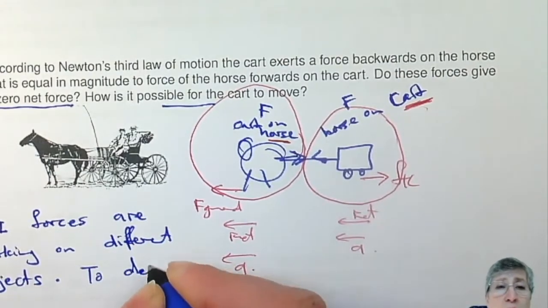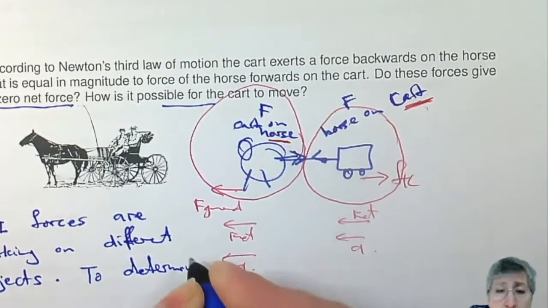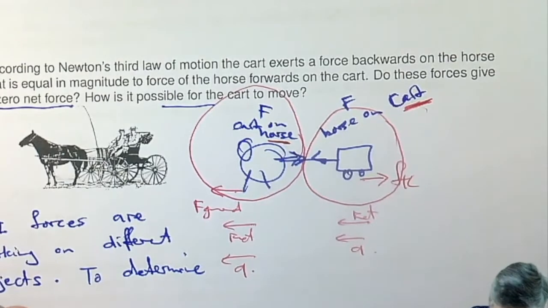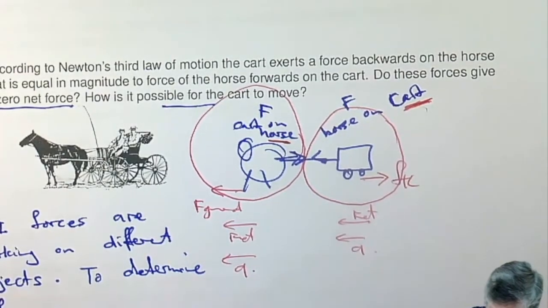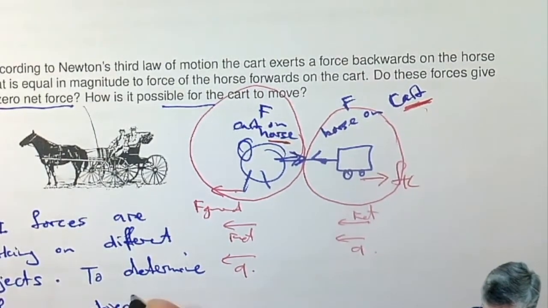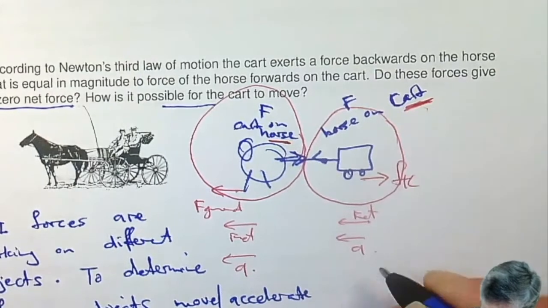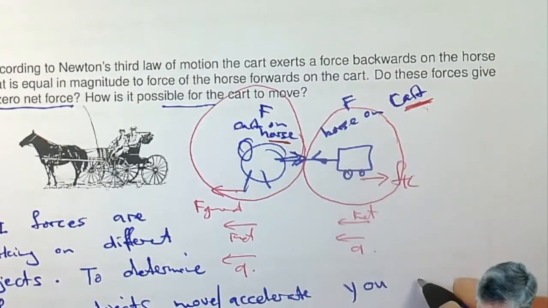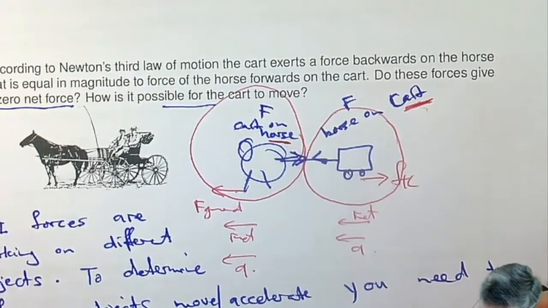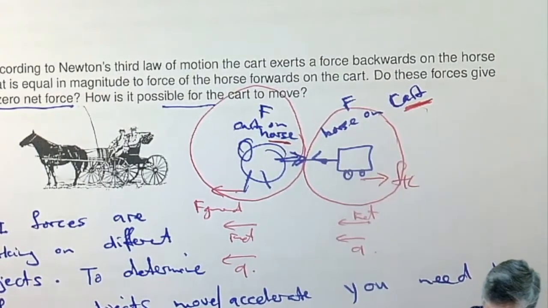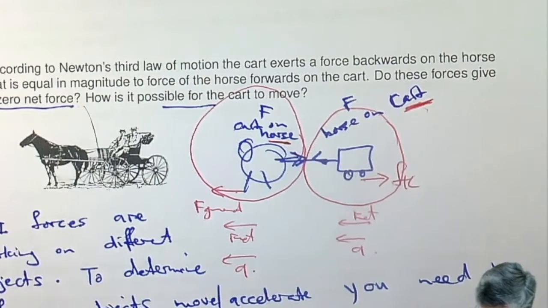To determine if a single object moves or accelerates, you need to find the F net on that object.